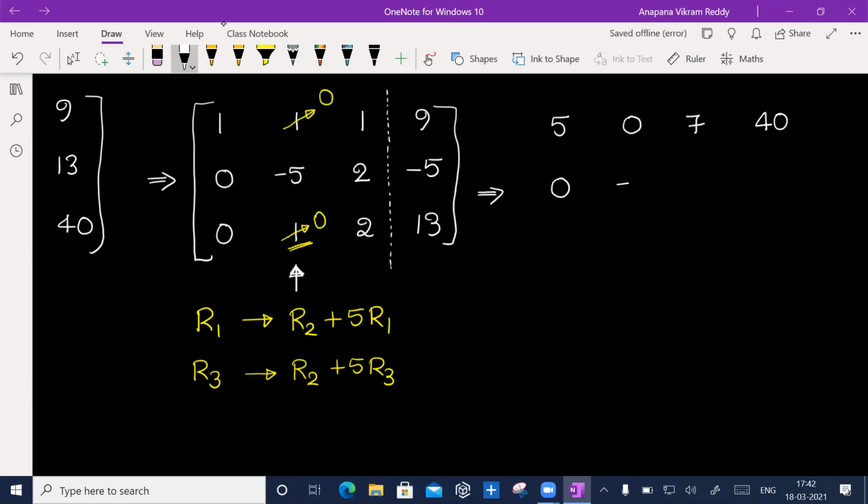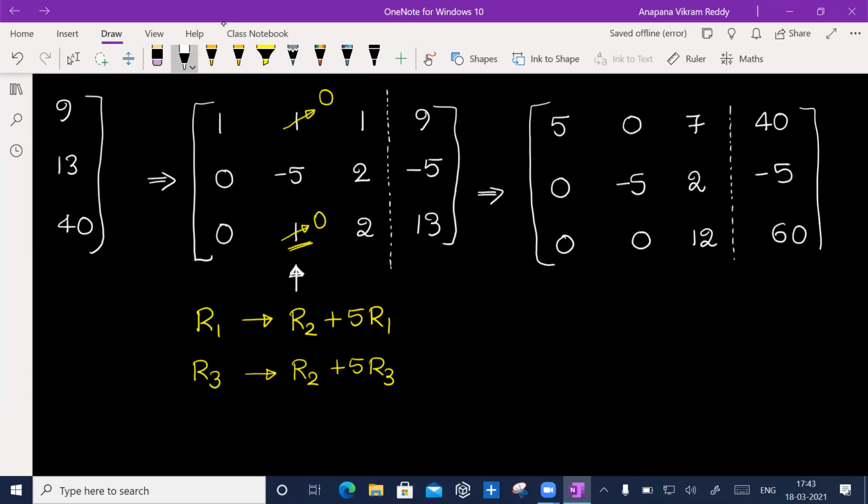And the second row remains unchanged: 0, -5, 2, -5. And the third row must change: 0, 0, 12, 60. Did you get it like this? Please correct me if I'm wrong anywhere.